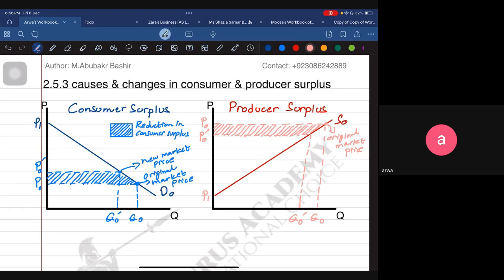Here I am showing it. Okay, I'll make it here.